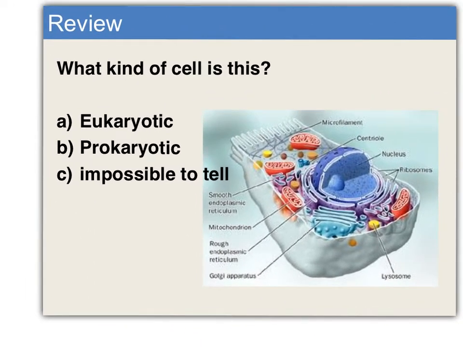So what kind of cell is this? Eukaryotic. Okay, good. Now remember, all eukaryotes have a nucleus, and they often have mitochondria and all this other stuff.